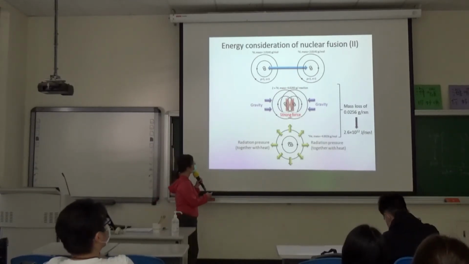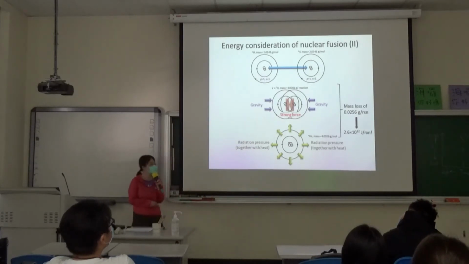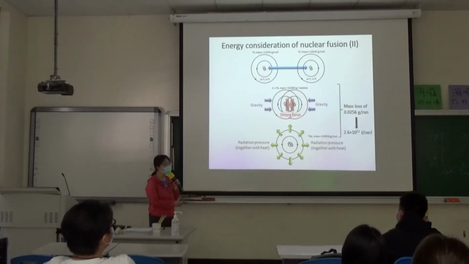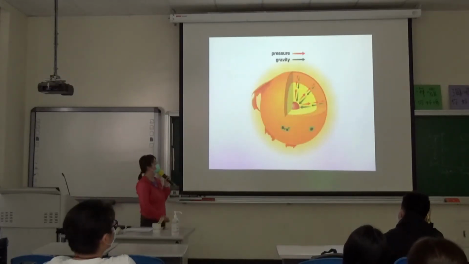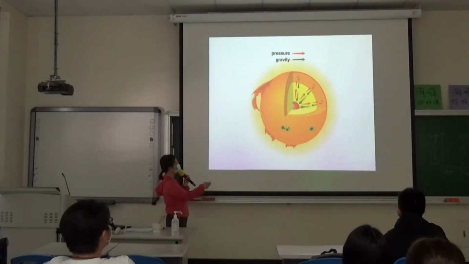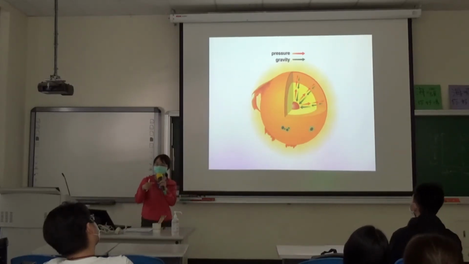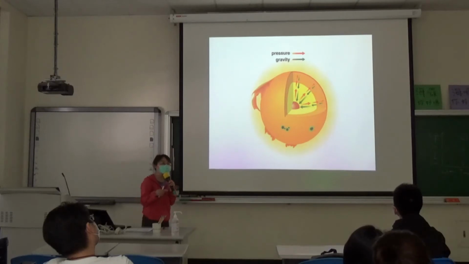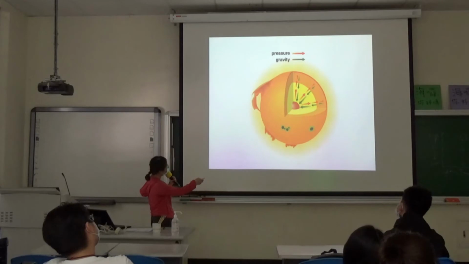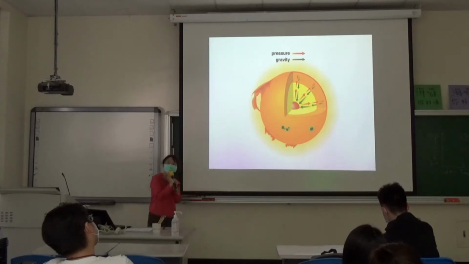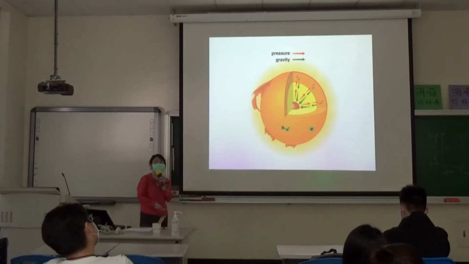And this energy release creates radiation pressure together with heat, so that a star is actually a dynamic equilibrium, 动态平衡, between pressure and gravity. Gravity makes the substance contract, and pressure counterbalances the gravity. Then you see a star.